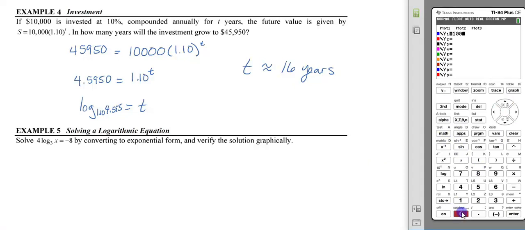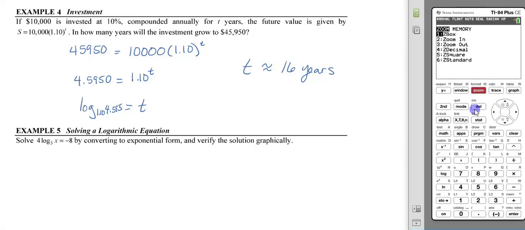We have 10,000 times 1.1 to the t, and we have 45,950. There we go. And let's set our window from 0 to 25 just so we can try and capture where that happens.